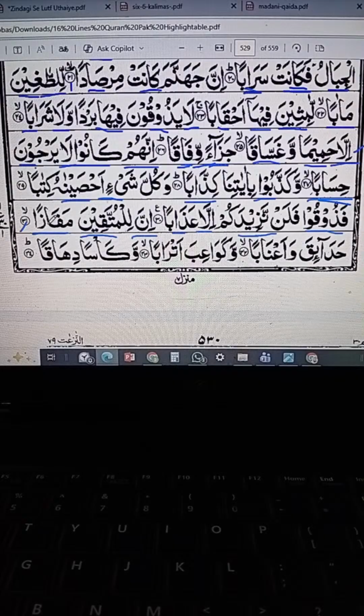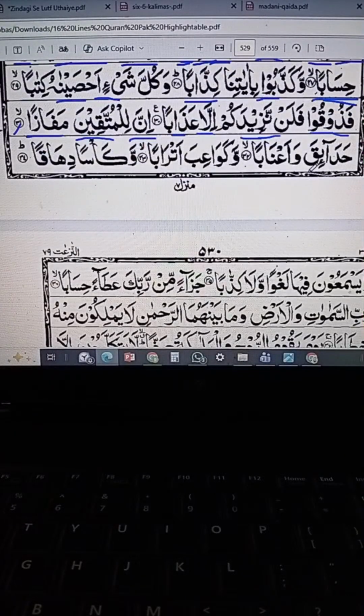The definition of alif madda, if I ask you, you have to say to me that when there is a zabar before alif, we have to stretch it, it will become alif madda. Mafaza. Hadaiqa wa a'naba. In this ayah, if I ask how many letters of madda, you can tell me in the comment section that there are only two letters of madda, related to alif madda only.